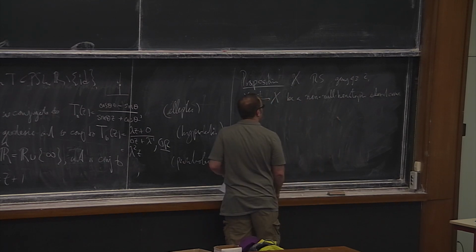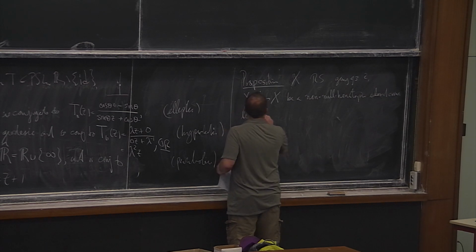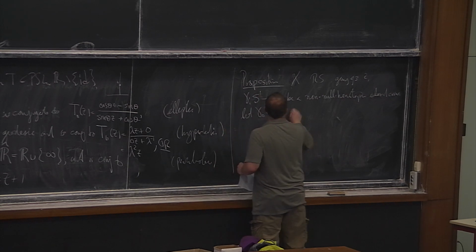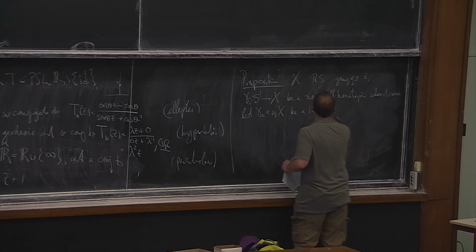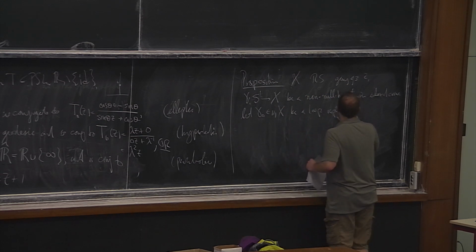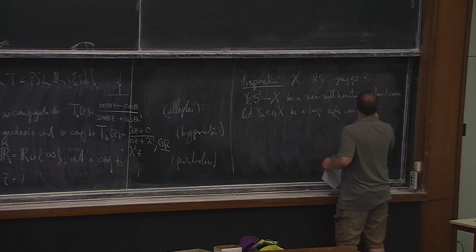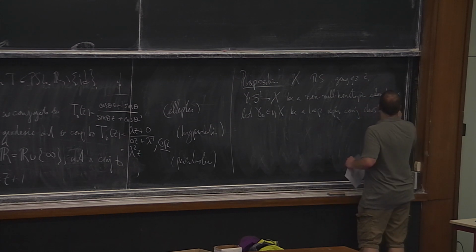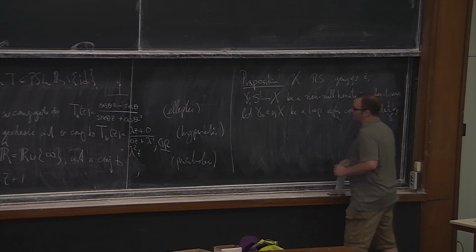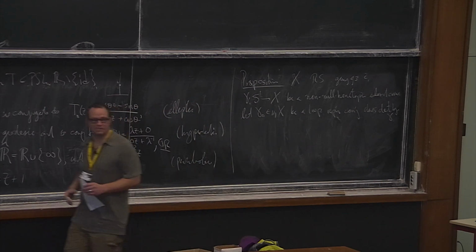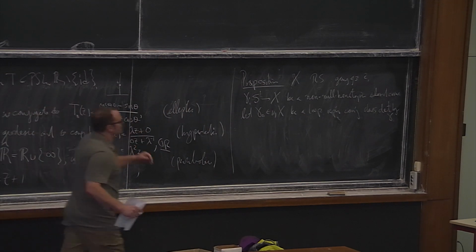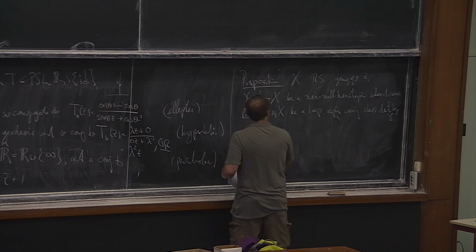Ultimately, that corresponds to conjugacy. So let's also let gamma naught in pi 1 of X be a loop representing the conjugacy class determined by gamma. So a closed curve determines the conjugacy class. Let me pick a representative of that conjugacy class.